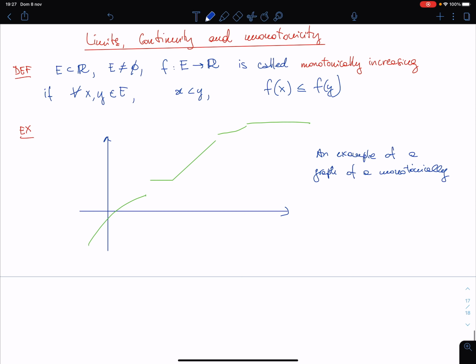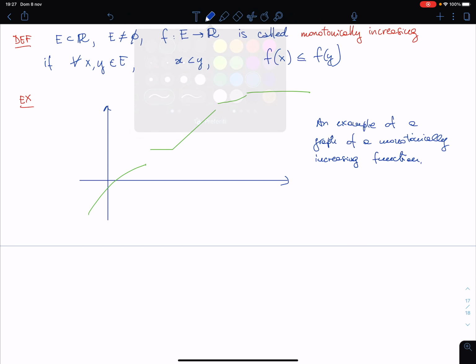And a remark I can propose is that constant functions are monotonically increasing.